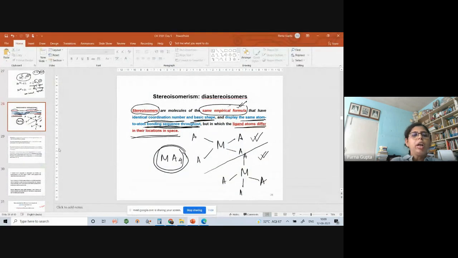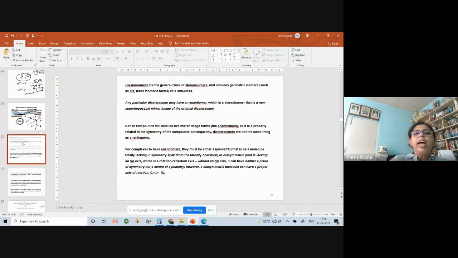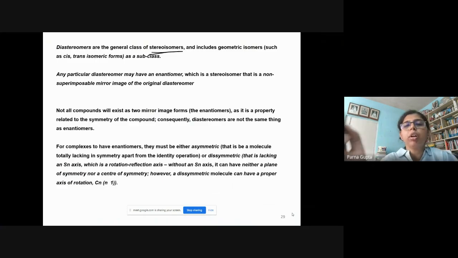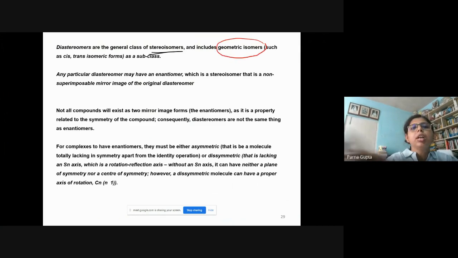Okay, so let us go again to the diastereomers. They are the general class of isomer. I am going a little bit fast because you know these things, and there are many more difficult things you have to learn. The stereoisomers include geometric isomers, which are called cis-trans isomers.